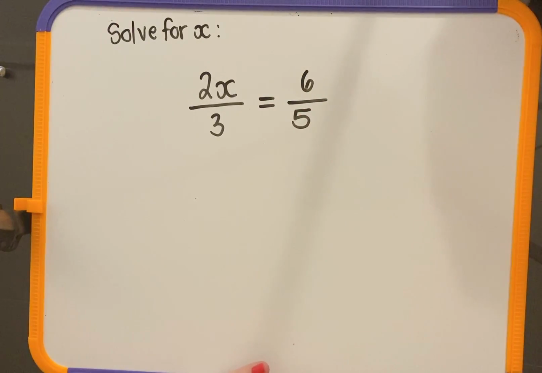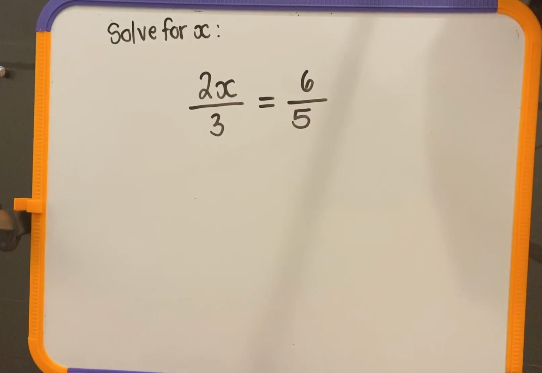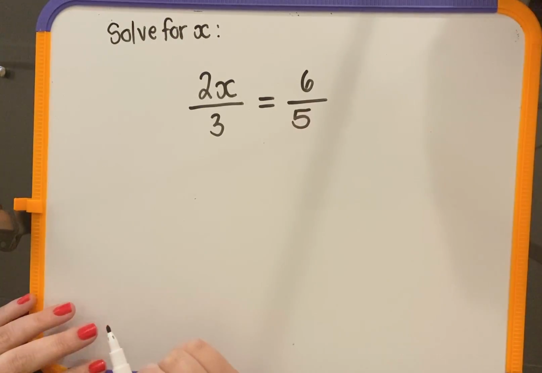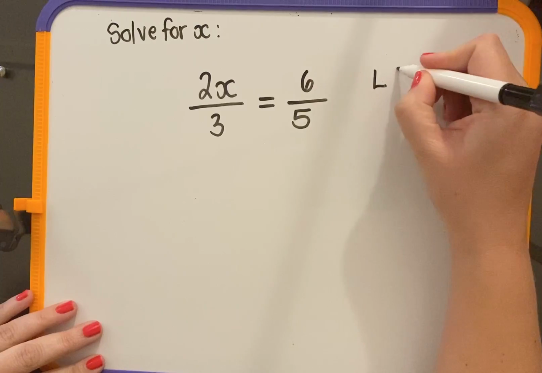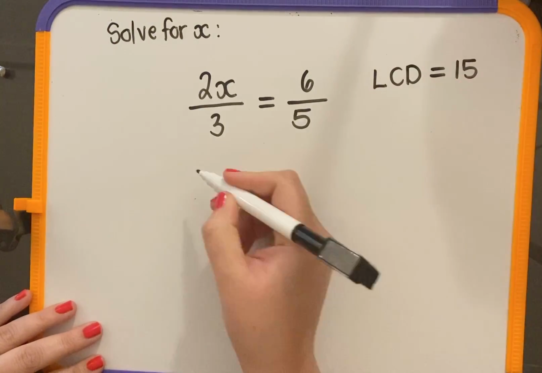Okay, so 2x over 3 equals 6 over 5. Now, in this case, we definitely have to use an LCD. To solve this equation, we need to find an LCD so that I can find the same denominator for both of these fractions. So what do 3 and 5 both go into? They go into 15. So the LCD of 3 and 5 would be 15.